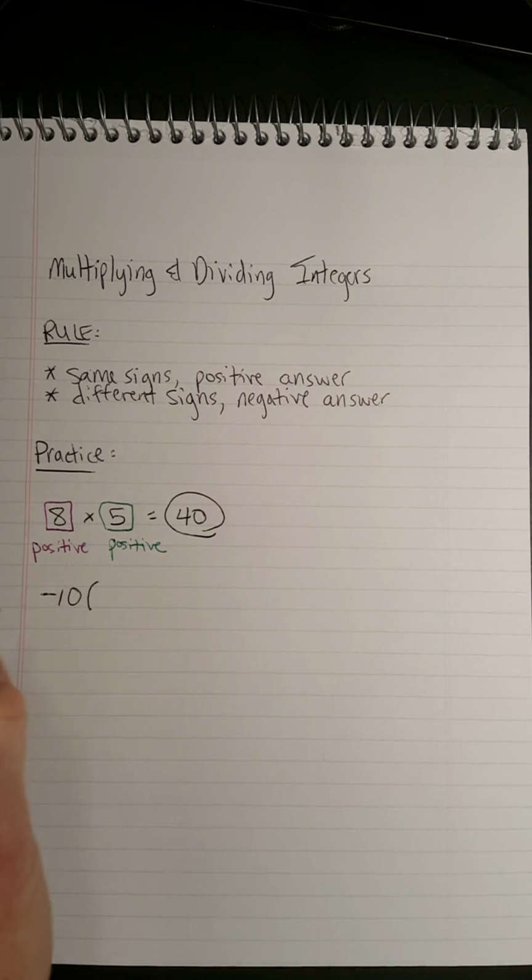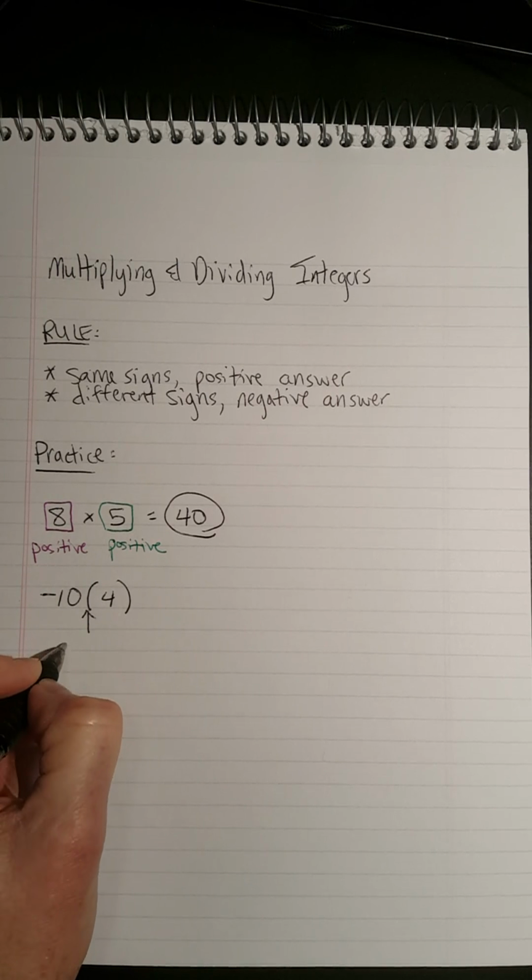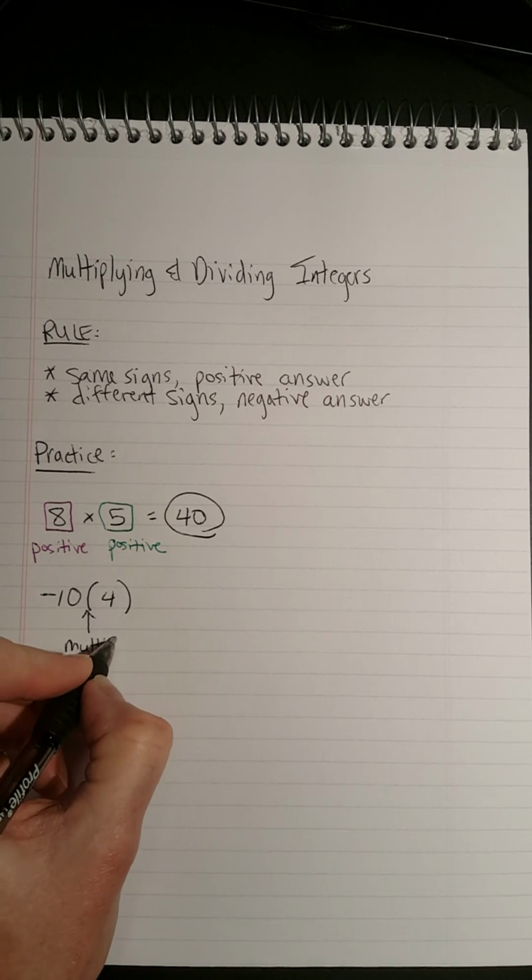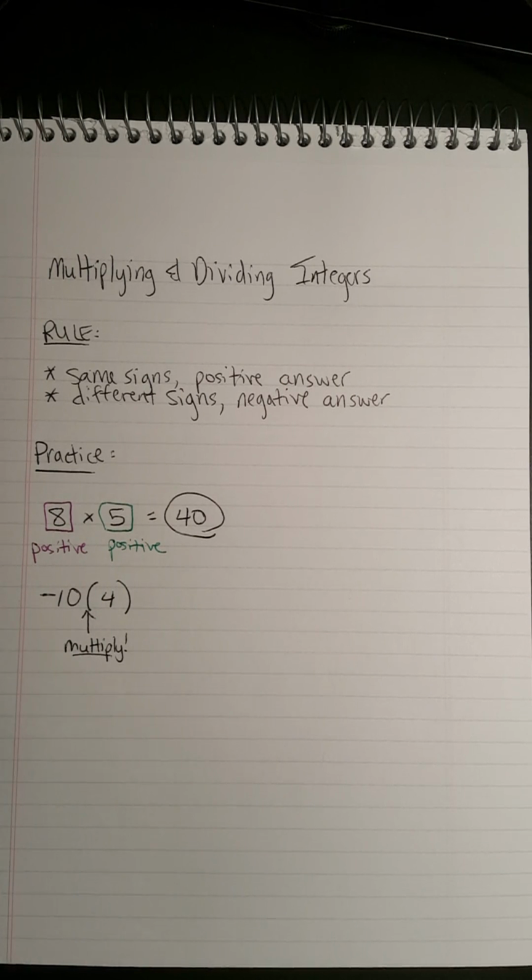Let's do -10 times 4, with the 4 in parentheses. This parenthesis right here means multiply. It's very important that you understand that. The parenthesis is technically a grouping symbol, but if you have something attached to a parenthesis like this, it means that whatever is out in front, whether it be a constant like -10 or a term with variables, you're going to multiply it to everything inside the parenthesis.